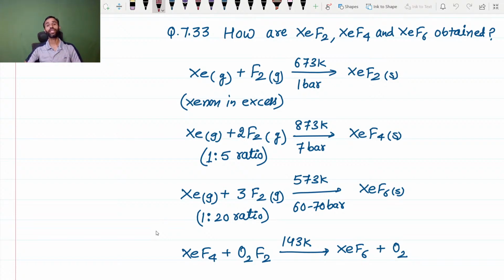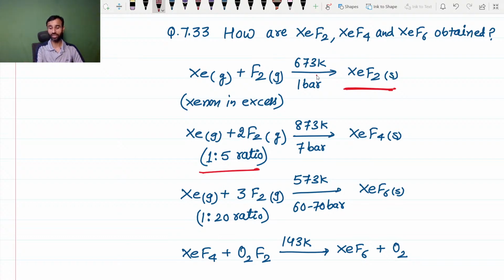Yes, how are XeF2, XeF4 and XeF6 obtained? These all three can be prepared directly by mixing xenon and fluorine under different conditions. When xenon is in excess at 673 Kelvin and 1 bar pressure, we get XeF2. And if xenon and fluorine are in the ratio 1:5 at 873 Kelvin and 7 bar pressure, we get XeF4.